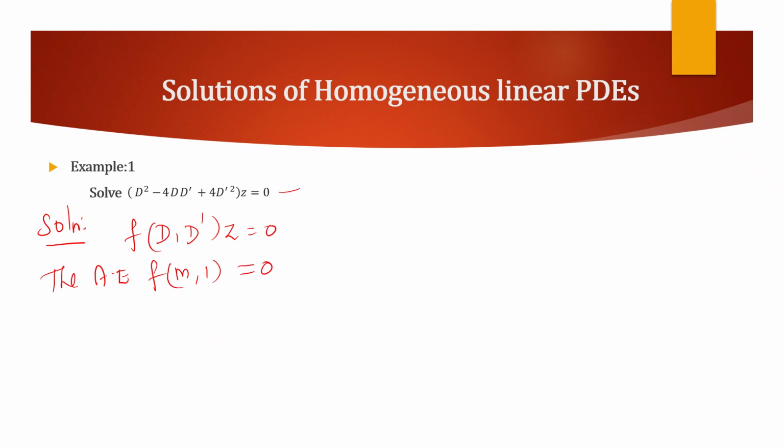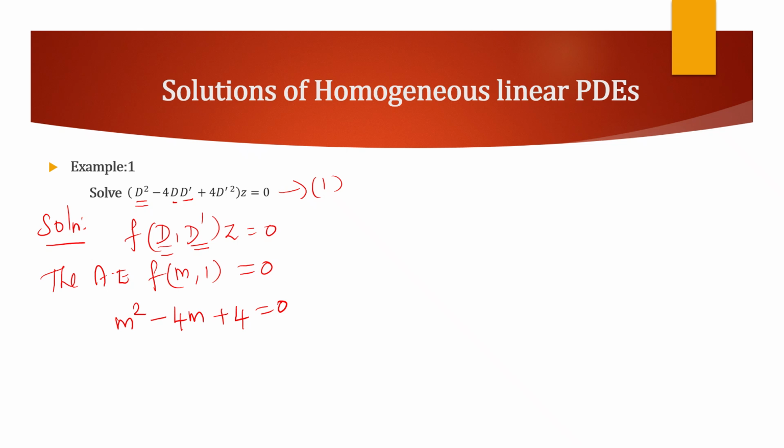This means in the given equation, we take D as m and D dash as 1. So it is m squared minus 4m plus 4 is equal to 0.